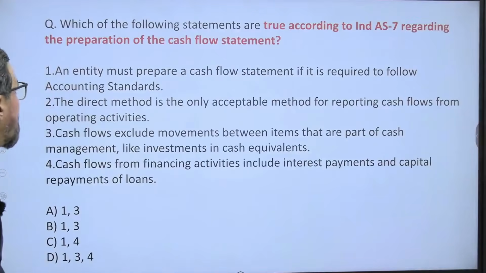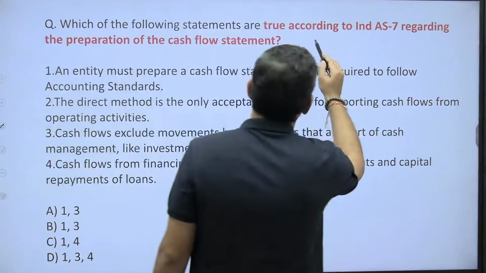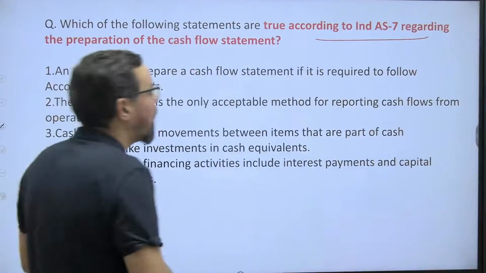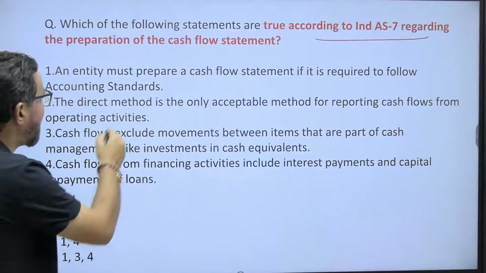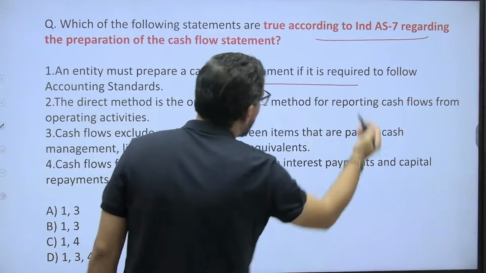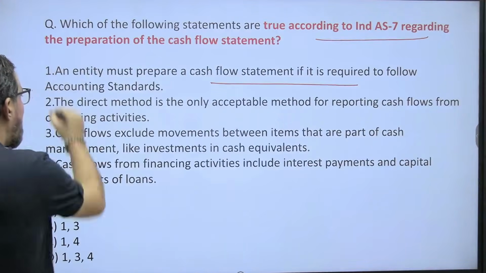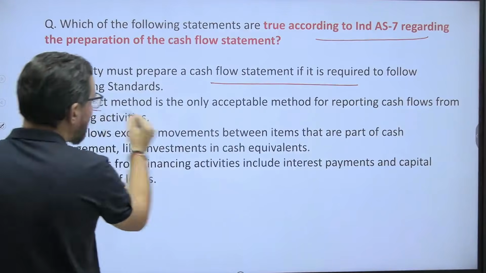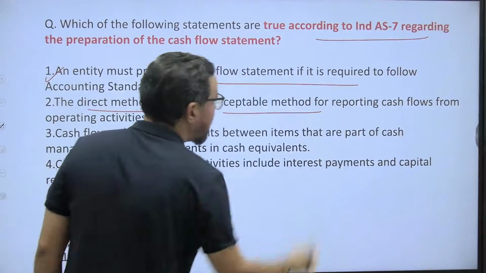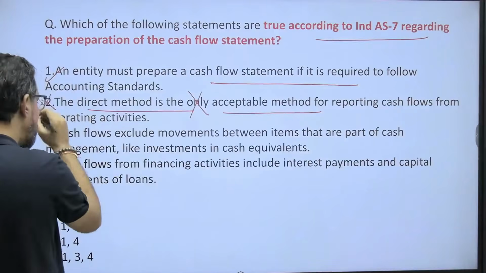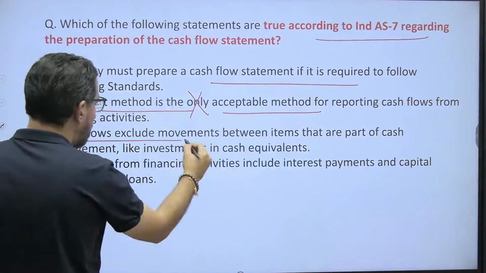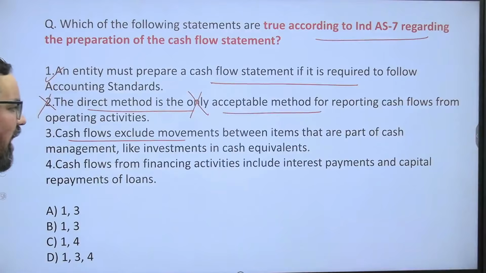Next one. Which of the following statements are true regarding Accounting Standard 7, the preparation of cash flow statement? The entity must prepare cash flow statement if it is required to follow accounting standards. The direct method is the only acceptable method, no. We have direct and indirect, both can be used. Cash flow excludes movements between items that are part of cash management, like investments in cash equivalents.